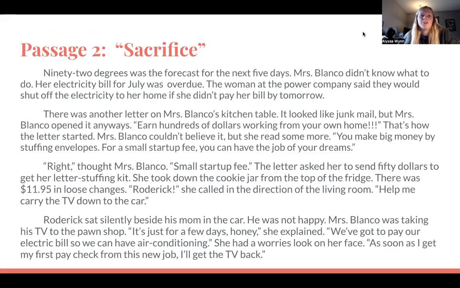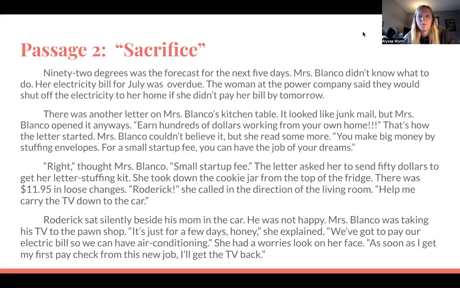Sacrifice. 92 degrees was the forecast for the next 5 days. Mrs. Blanco didn't know what to do. Her electricity bill for July was overdue. The woman at the power company said they would shut off the electricity to her home if she didn't pay her bill tomorrow. There was another letter on Mrs. Blanco's kitchen table.